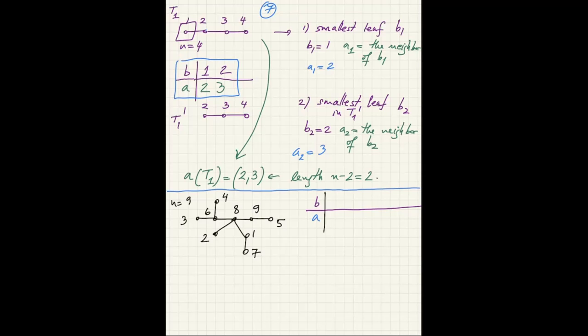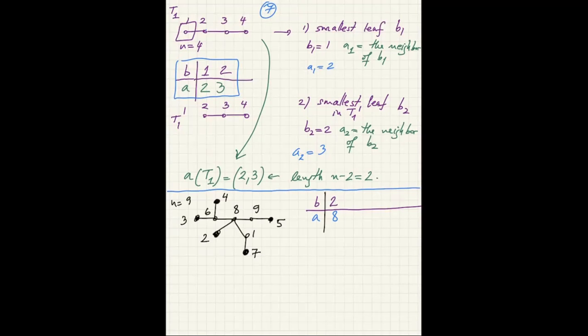Now, what is B1? So B1, again, is the smallest leaf. And you look at the leaves, and the leaves are 5, 7, 2, 3, and 4. So the smallest of them is 2. So we put as B the entry 2. And then what is A? A is going to be the neighbor of that leaf, which is 8. Okay.